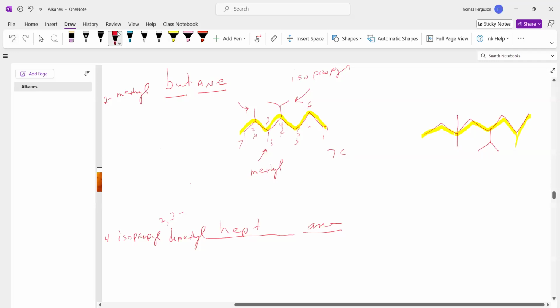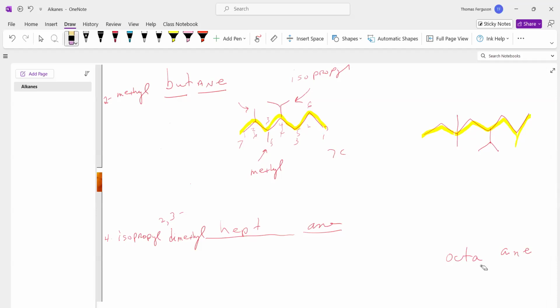And it's an alkane, so it's going to be octane. Notice we have two A's together there. You eliminate one of the A's, so it's octane.